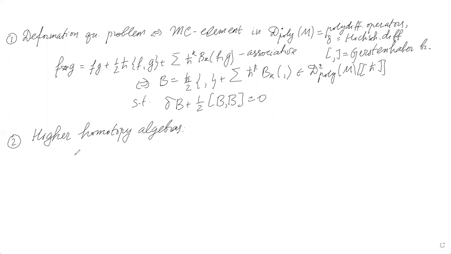So higher homotopy Lie algebras, so L-infinity algebras, are graded vector spaces equipped with a map denoted by L. L is a co-derivation of degree 1 on the exterior algebra or exterior coalgebra generated by the shift of V.